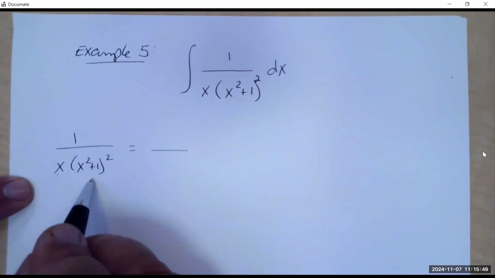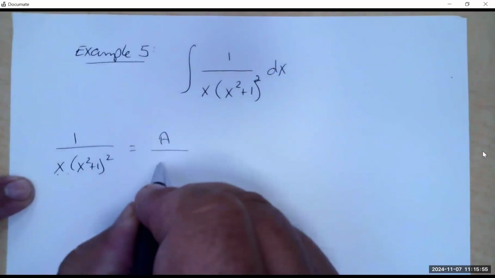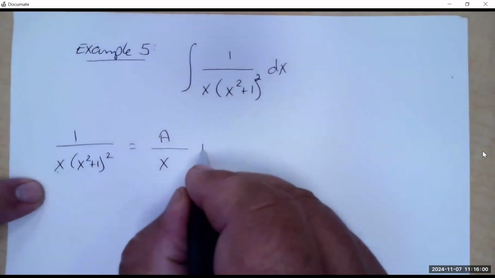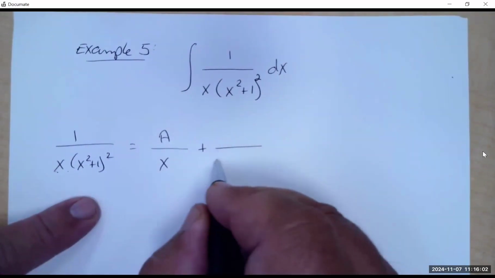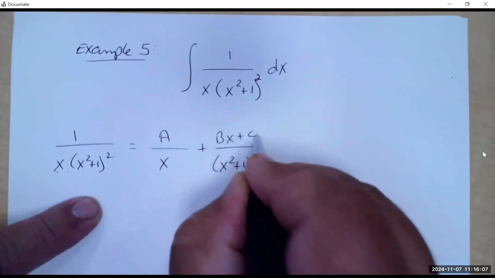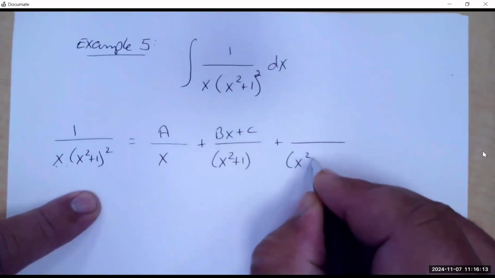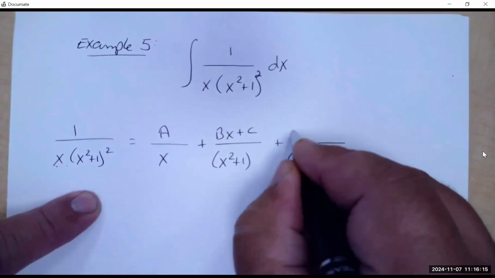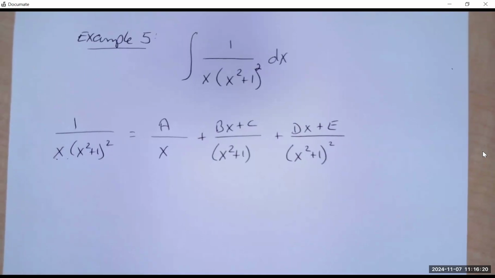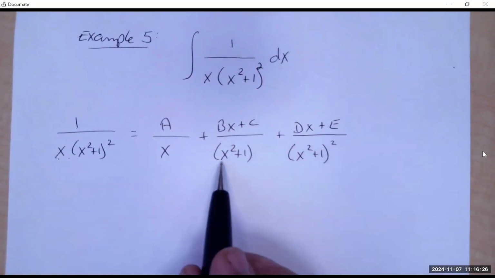We have two denominators, but one is squared, so we'll have 3 different terms. The first one is A over x, the first factor, since it's a linear factor. Plus, for x squared plus 1, this has to be Bx plus C. Then we have the second part of the denominator, Dx plus E. Everybody see why I have Bx plus C and Dx plus E? Because the denominators are quadratic.